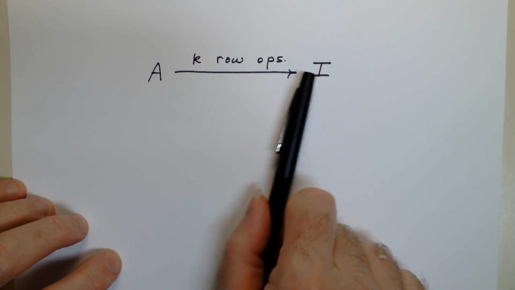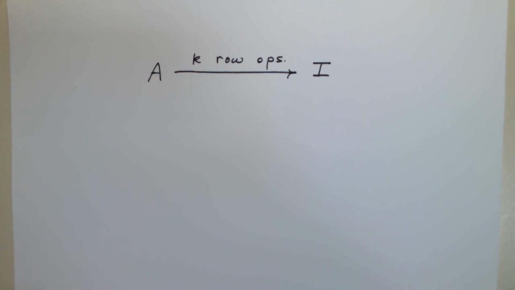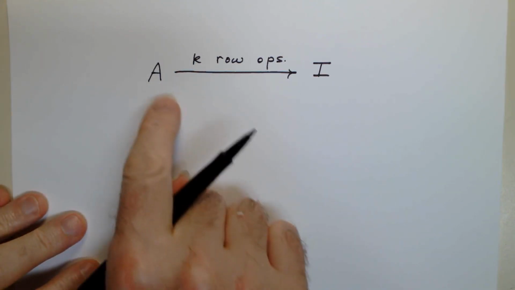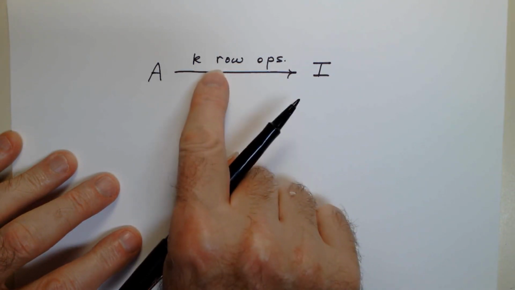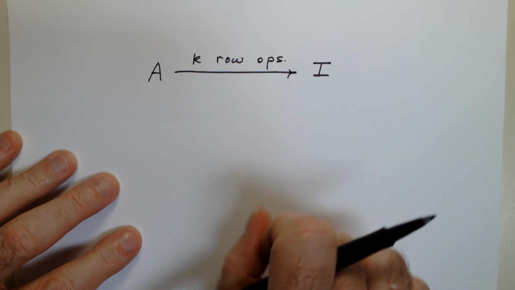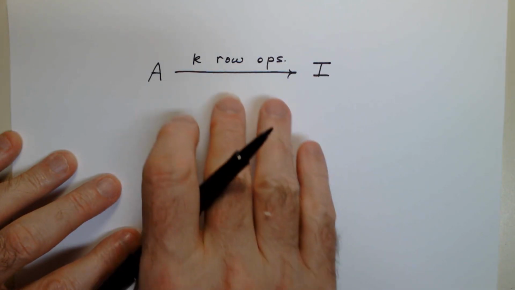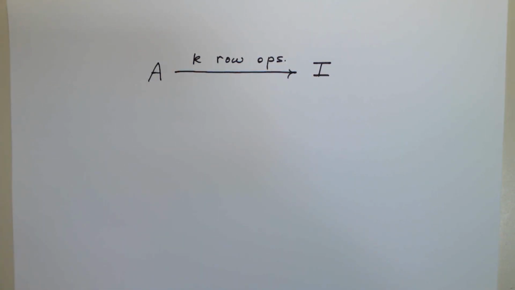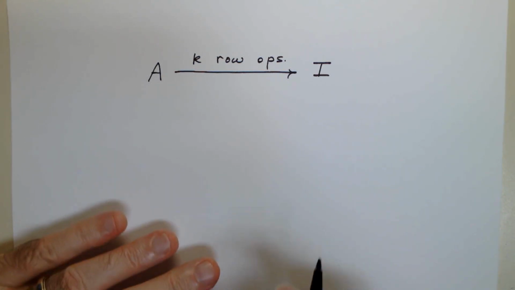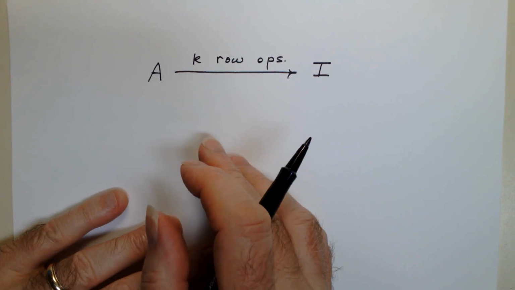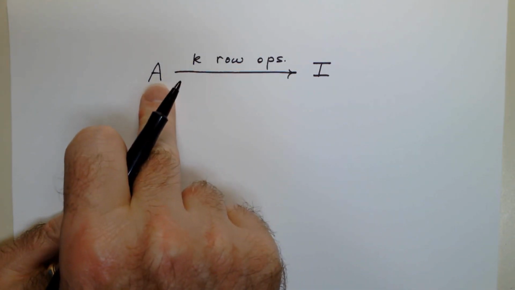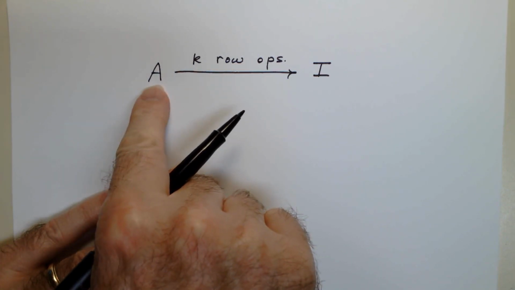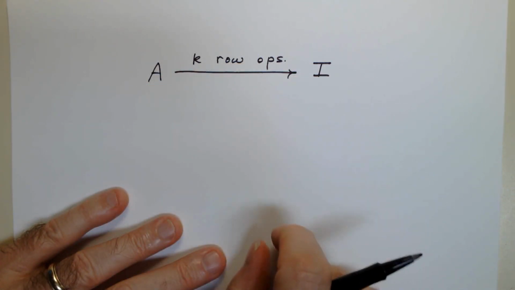Welcome to the document camera. Let's look at the proof of theorem 3.14. We've got a square matrix A that has been reduced to the identity matrix through, let's say, k row operations. Now we know that we can think of row operations as being effected by elementary matrices. So this is equivalent to saying that there's a set of k elementary matrices, one for each of these row operations, that slowly transforms through matrix multiplication the matrix A into the identity matrix.